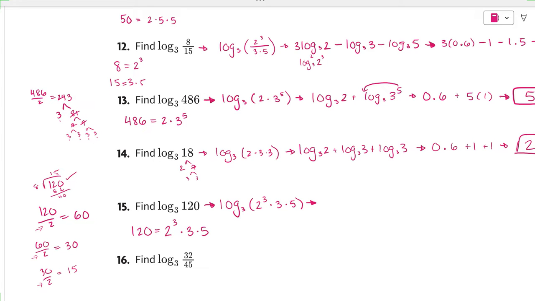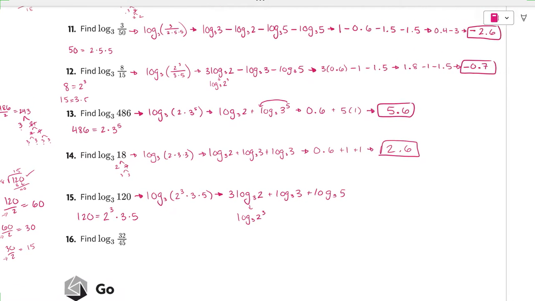Okay, so I'm going to again use that power property right away. 3 log base 3 of 2 plus log base 3 of 3 plus log base 3 of 5. And remember, this is from first doing log base 3 of 2 cubed. So that gives me 3 times 0.6 plus 1 plus 1.5.